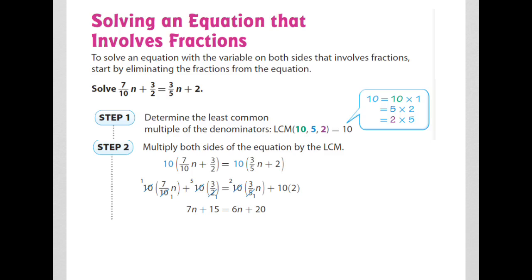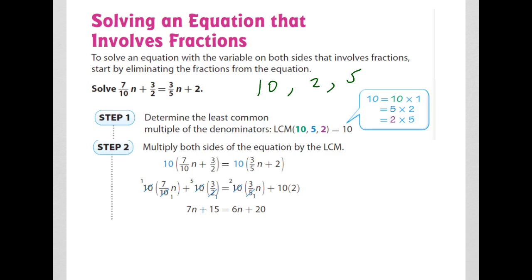Well, back in the elementary part of your math, you learned something called finding a least common denominator. That is the first concept you want to utilize here when you look at the denominators in these fractions. I see a denominator of 10, a denominator of 2, and a denominator of 5.